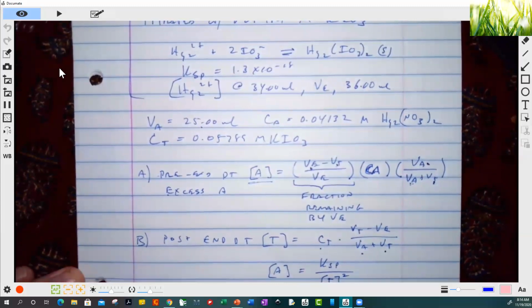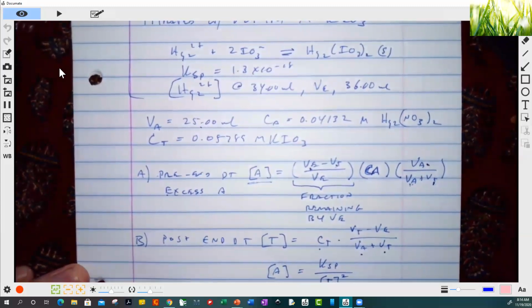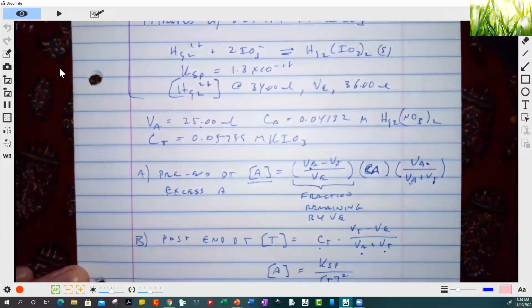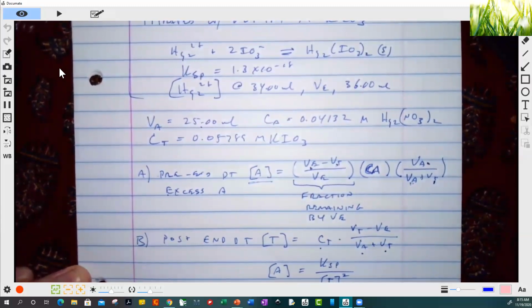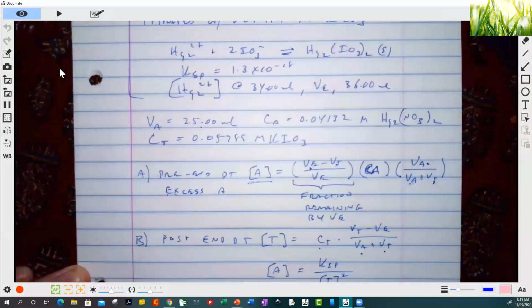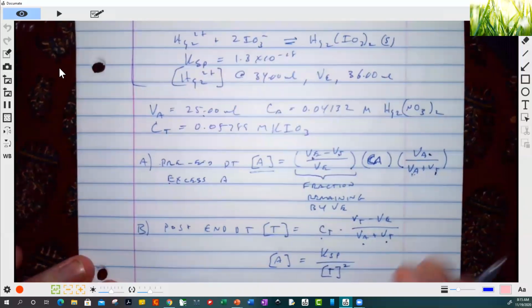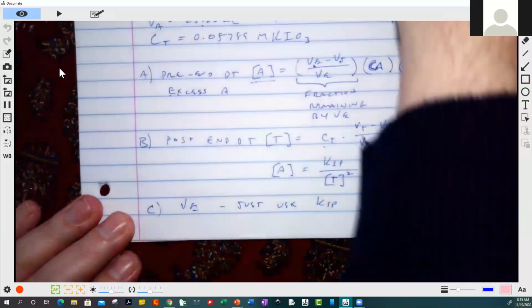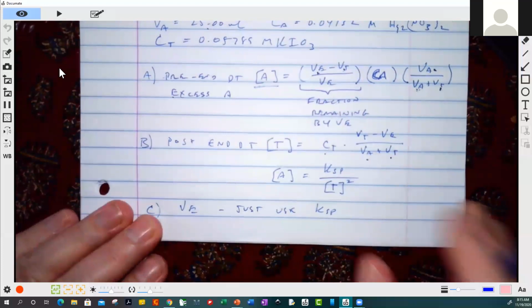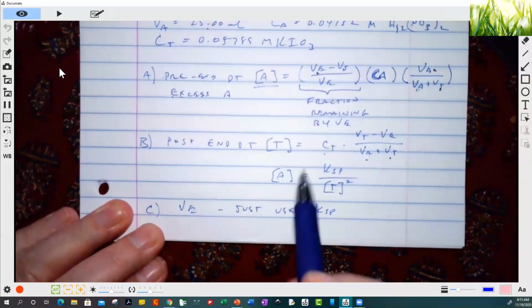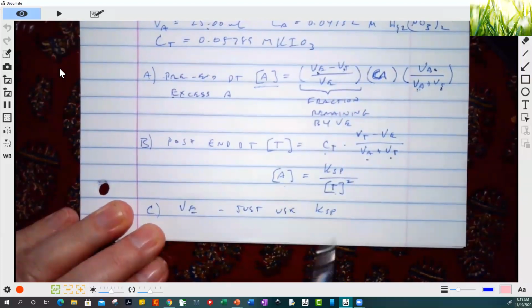Now the third one is VE, right? And at VE, then we just use KSP, because at that point, we have added just as many moles of titrant as we have analyte.